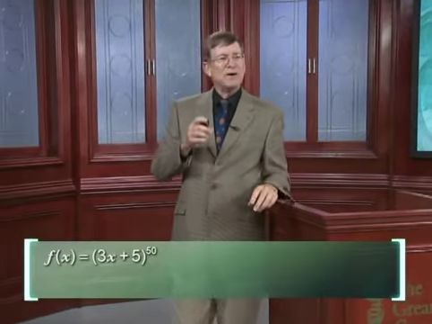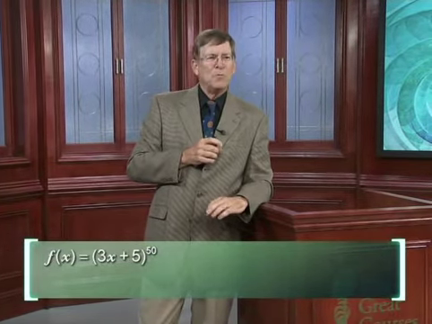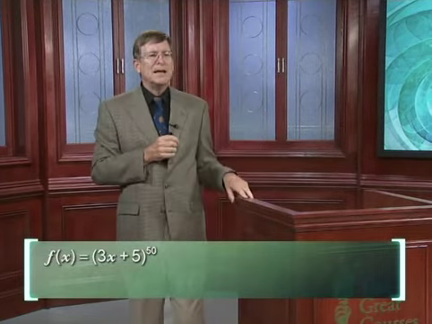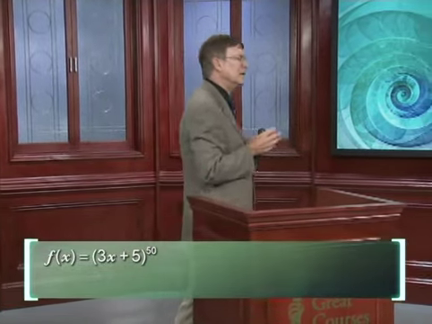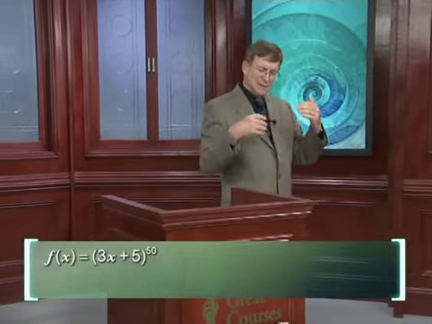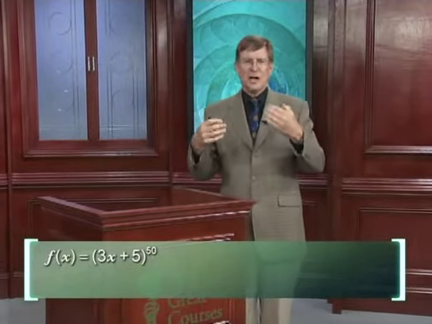Let's do a practice problem. Let's see if you can do the following problem. Can you find the derivative of 3x plus 5 to the 50th power? Think about that. How would you find the derivative of 3x plus 5 to the 50th? This is now back to our original discussion of the chain rule.